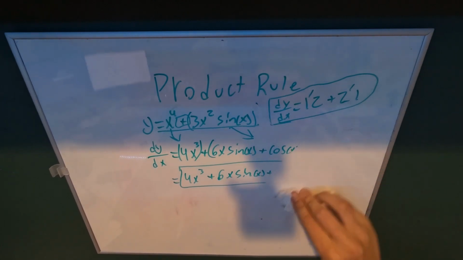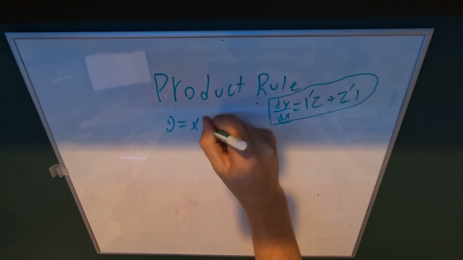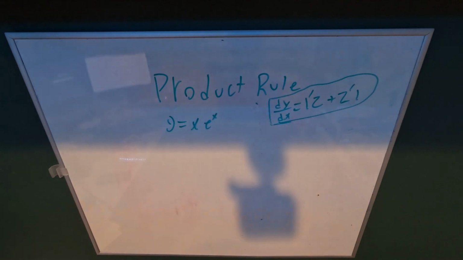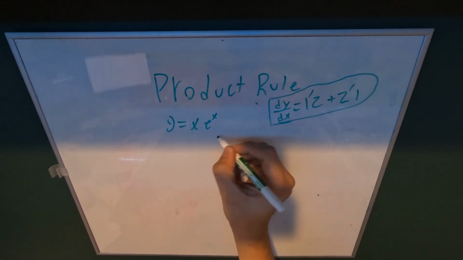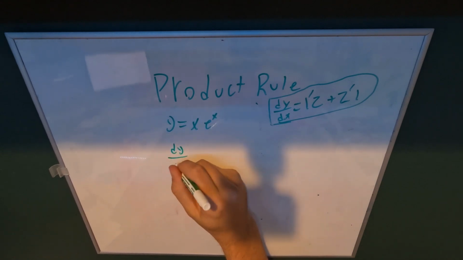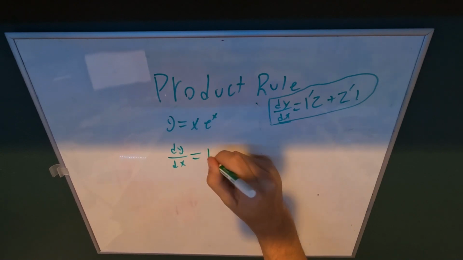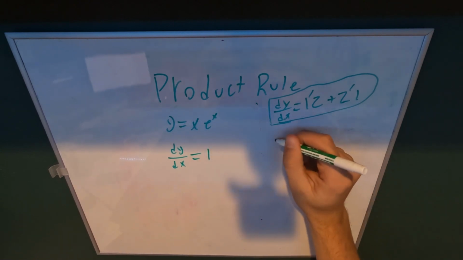Alright. This one will be a nice, easy, fun one to finish off. We'll do y equals x e to the x. So the derivative of the first is just 1.